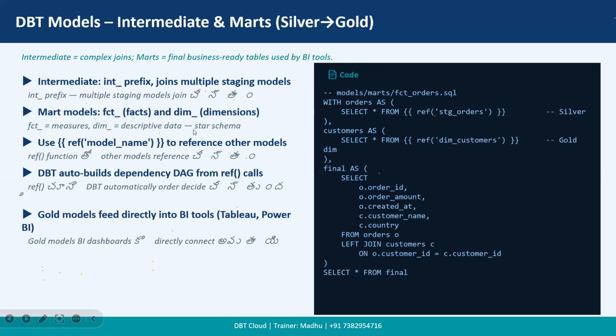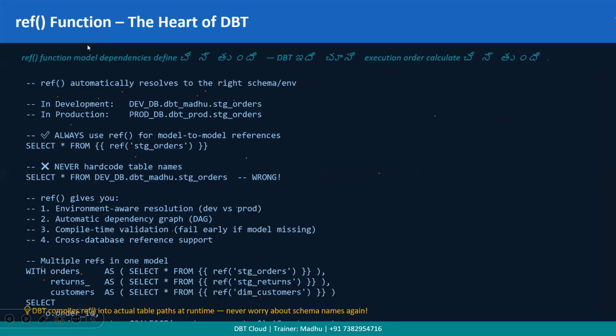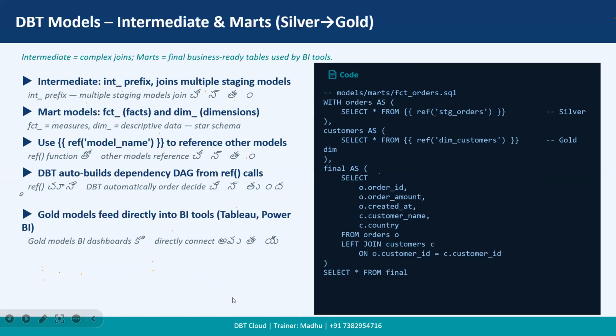Then we are going to see dbt models: intermediate, marts, silver, gold. Intermediate models are silver to silver: complex chains, business logic, calculations.